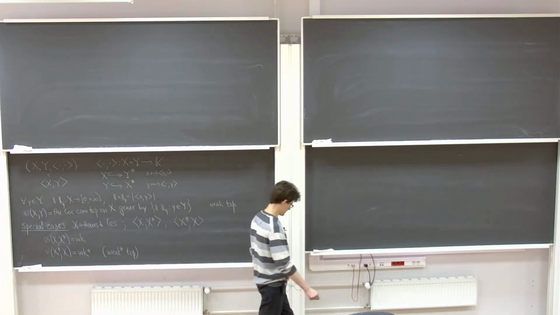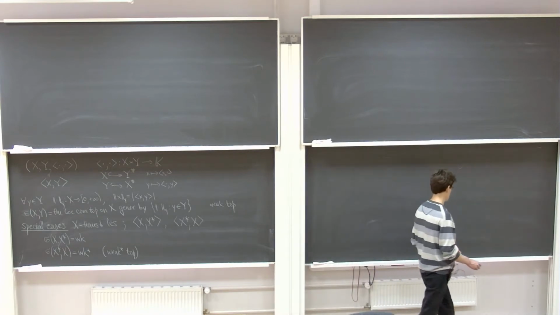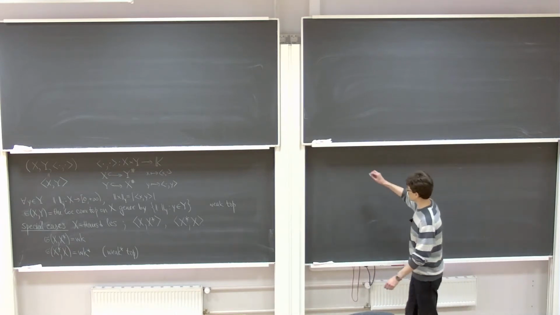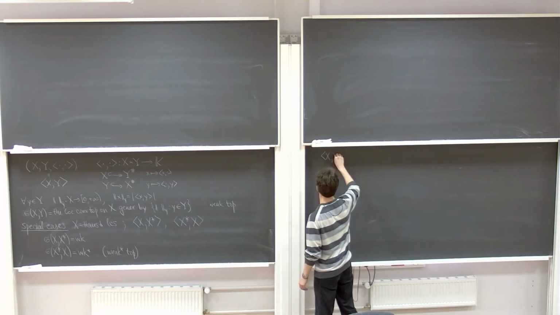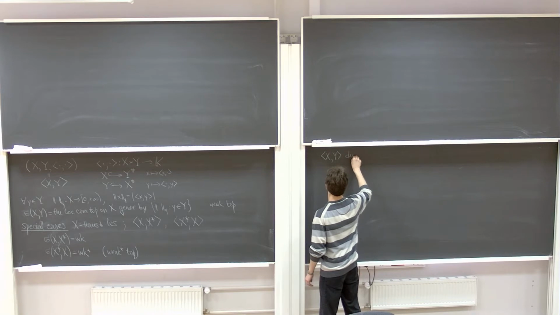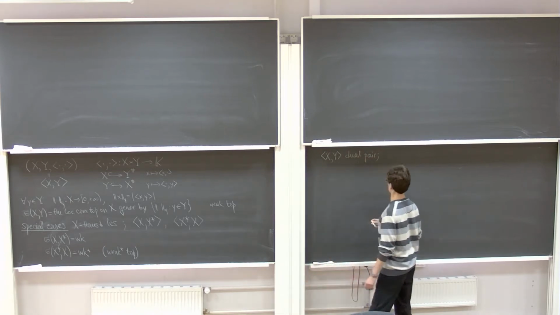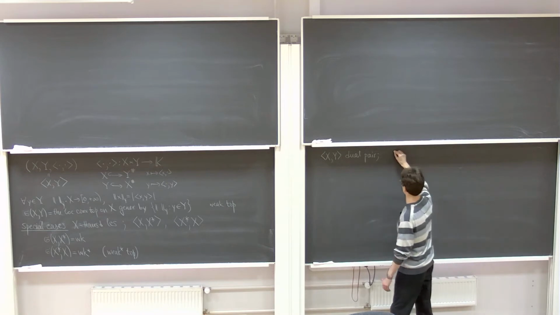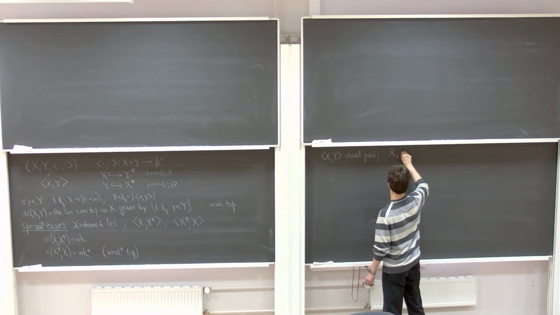Okay, let's now discuss some properties of these topologies. So suppose that we have a dual pair, X and Y, and let's denote X equipped with the respective weak topology simply by X sigma.